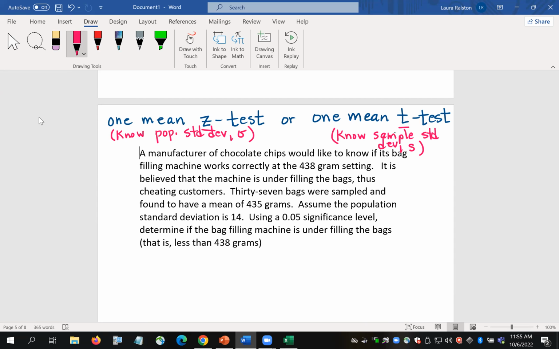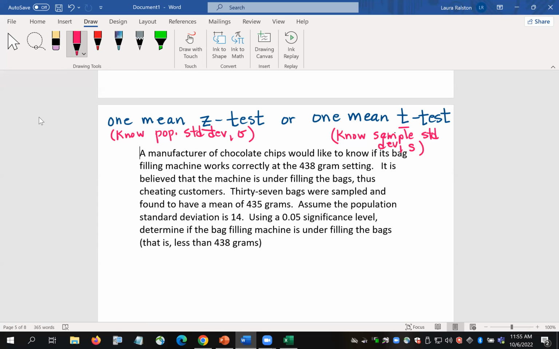So this first example says, a manufacturer of chocolate chips would like to know if its bag filling machine works correctly at the 438 gram setting. It is believed that the machine is underfilling the bags, thus cheating customers. 37 bags were sampled and found to have a mean of 435 grams.